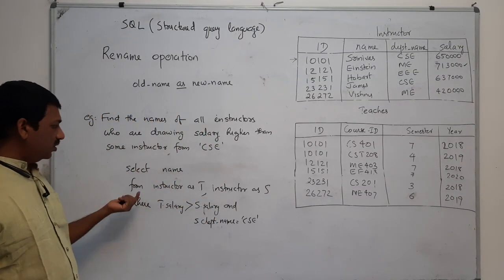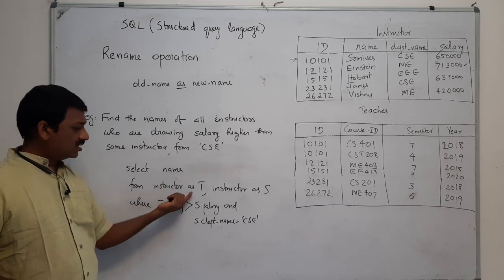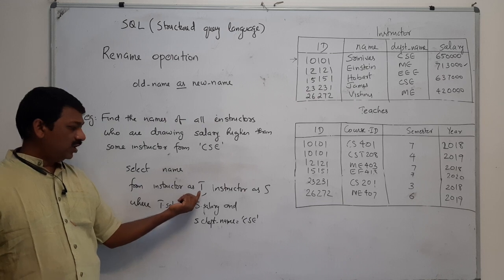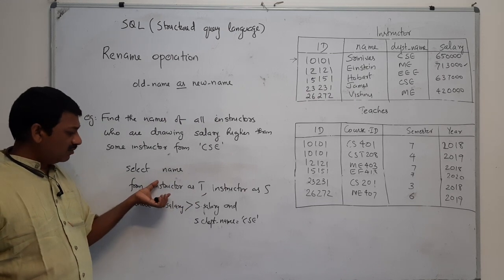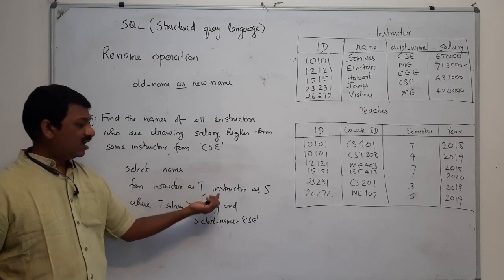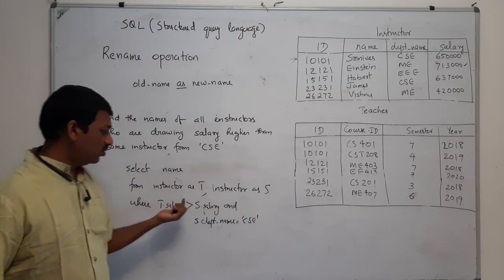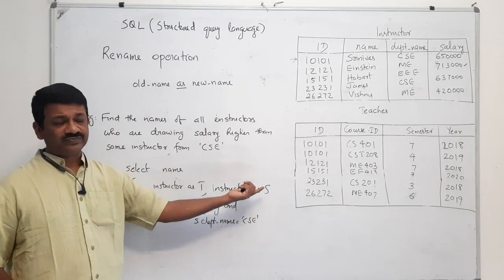For that, you write instructor as T and instructor as S. That means you are going to have two names: you are renaming this instructor as T and this instructor as S. Now you are going to have T cross S.